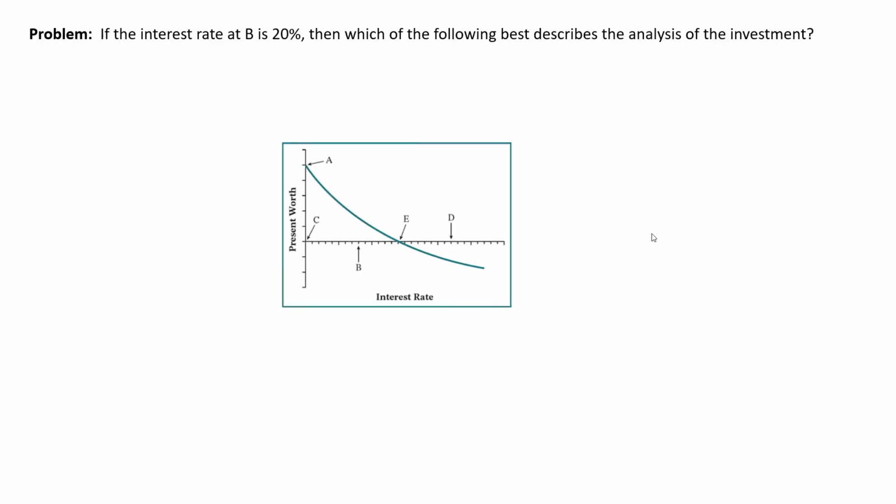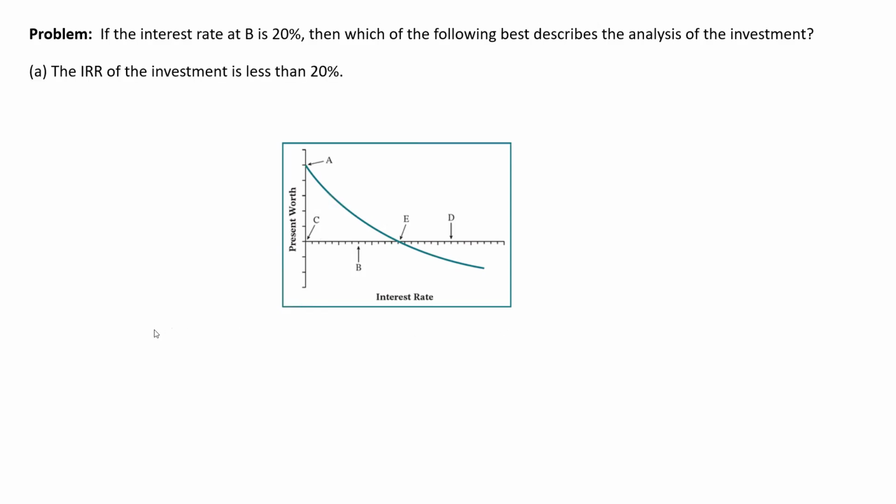All right. I like this problem. It's a very conceptual problem. Your FE exam, oh boy, they dig these kinds of questions because these are conceptual things. If the interest rate at B is 20%, which of the following best describes the analysis of the investment? They have given us a graph of present worth and interest rate.